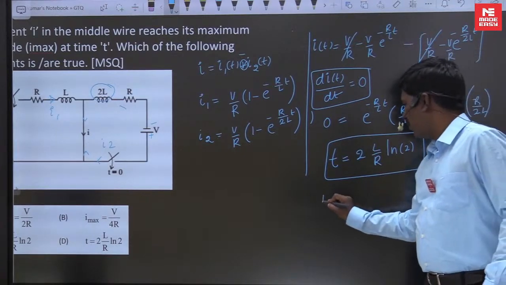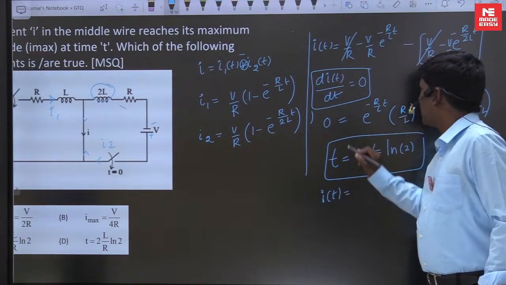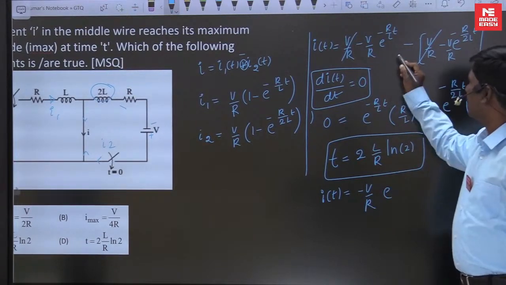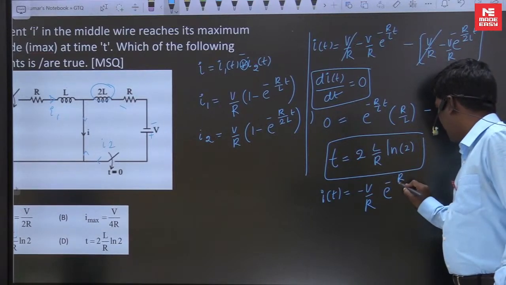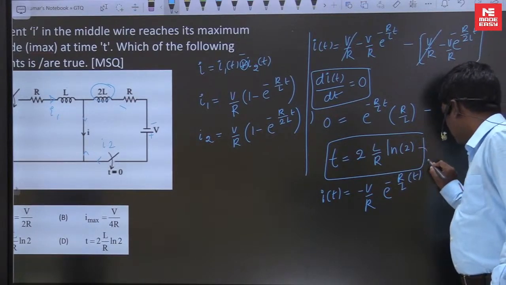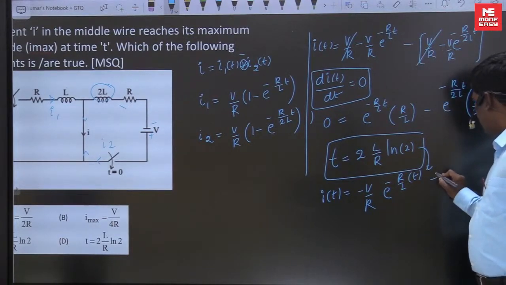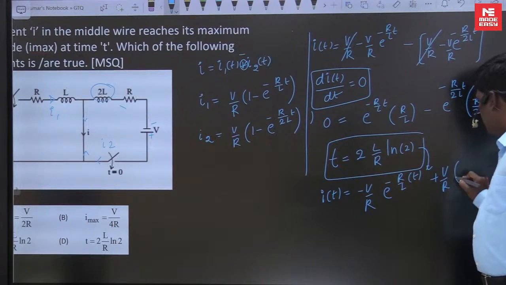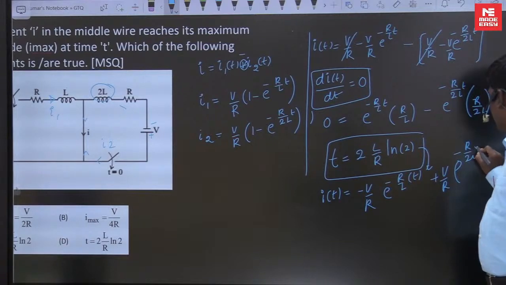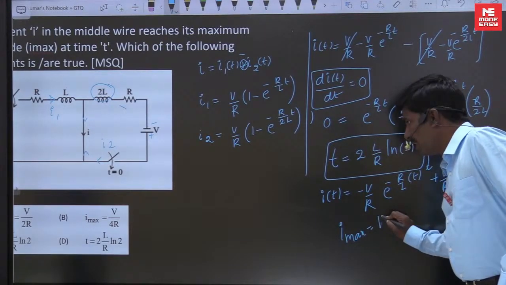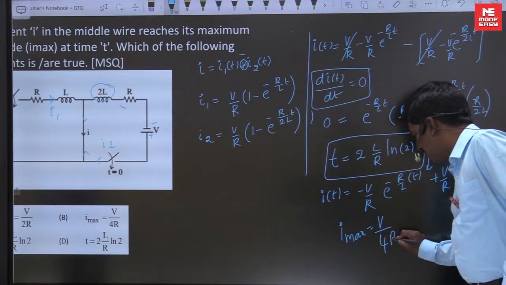I of t is equal to, in this, minus V by R e power minus R by L into T. Substitute this T. Similarly, minus into minus is a plus, V by R into e power minus R by 2L into T. Substitute in place of T. Then you get the answer: I maximum value is V by 4R.